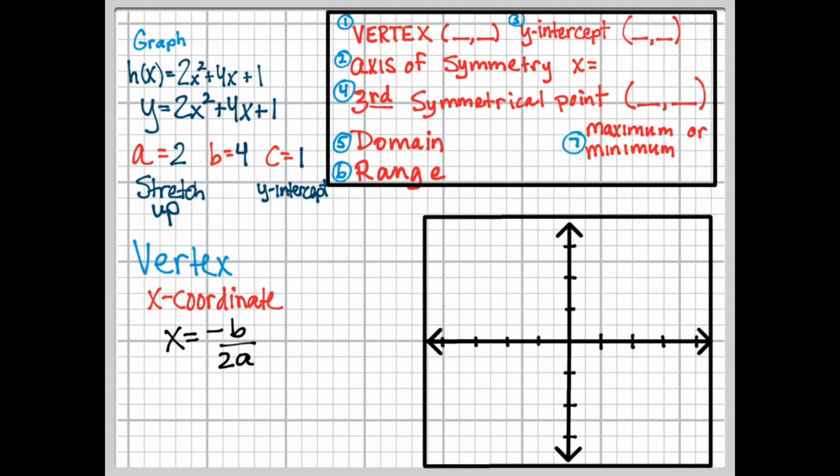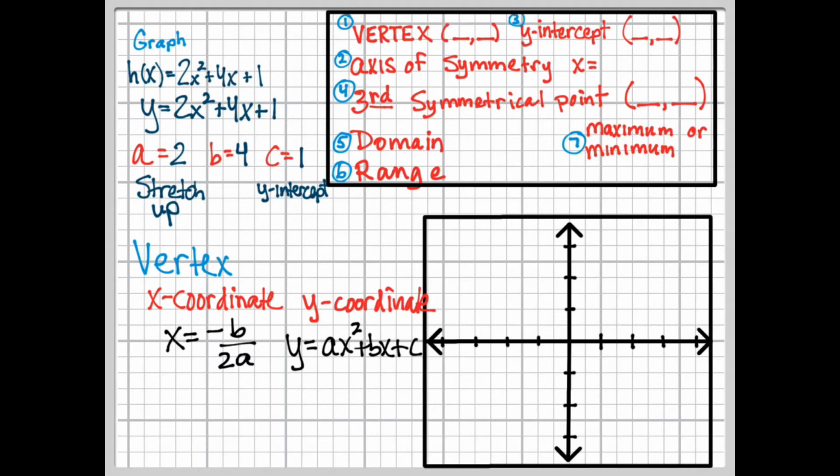To find the y-coordinate of the vertex, we're going to take our x value and put it into our original equation. So our y value will be equal to a x squared plus bx plus c. That's the general rule for finding the vertex of a quadratic function.